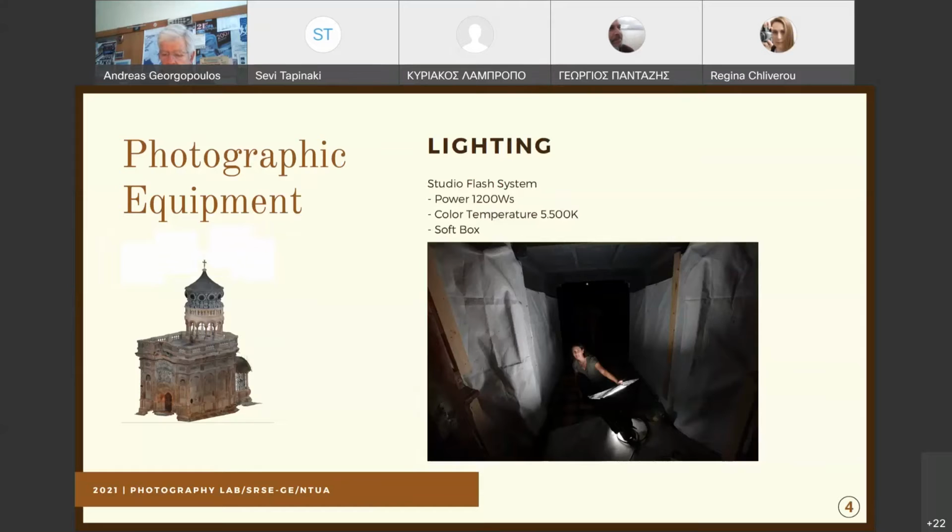Last but not least, about the photographic equipment, I'd like to refer to the type of lighting we used to shoot these pictures. The decision of what kind of lighting we should choose was taken after visiting the monument at the very beginning of the project, where we noticed that, especially inside of the Holy Edicule, it was, and it still is, completely dark, and the only source of light is a few candles.